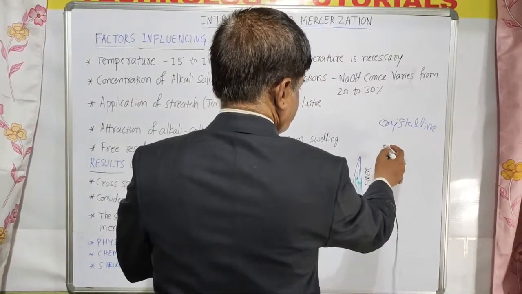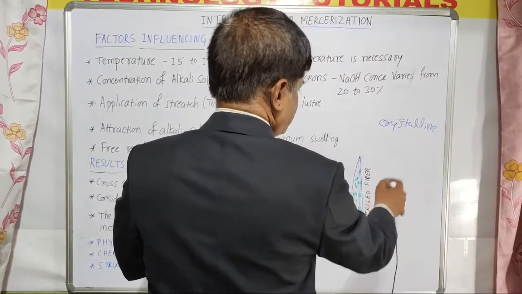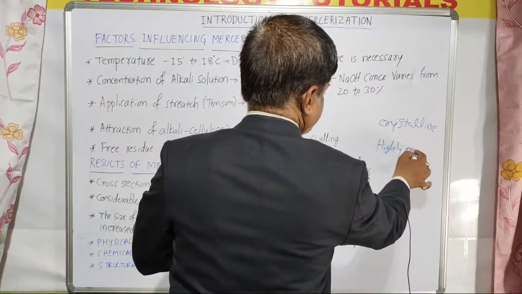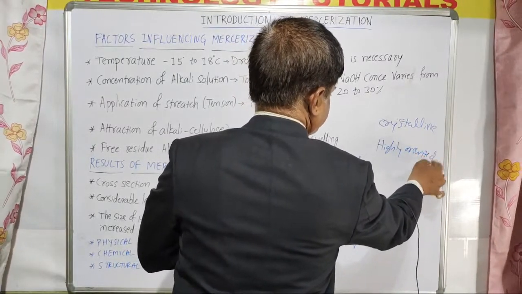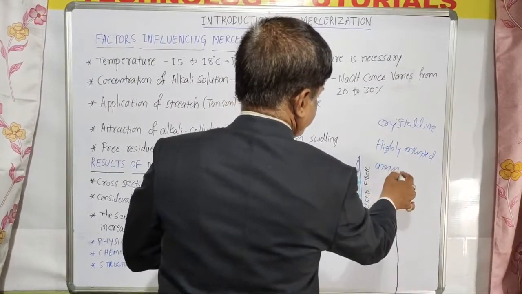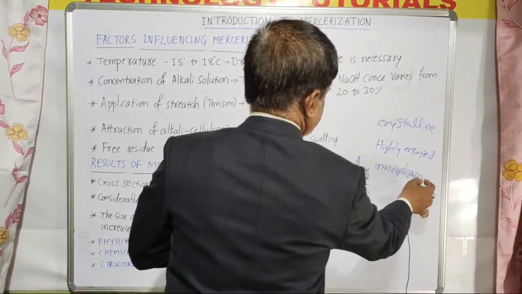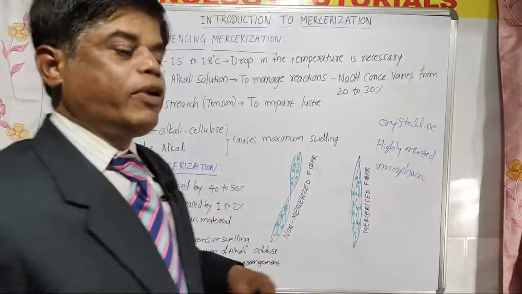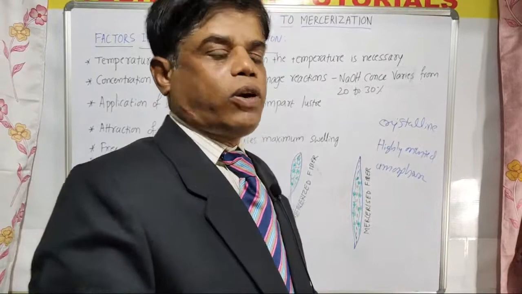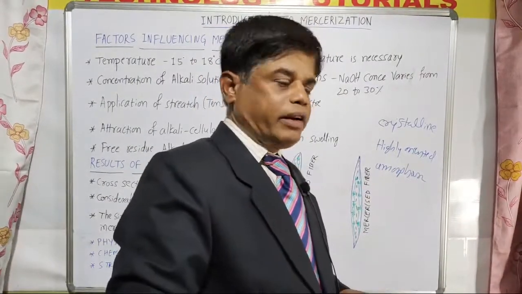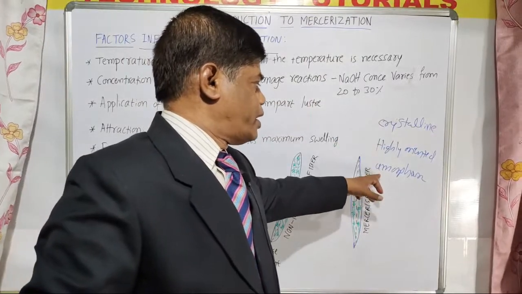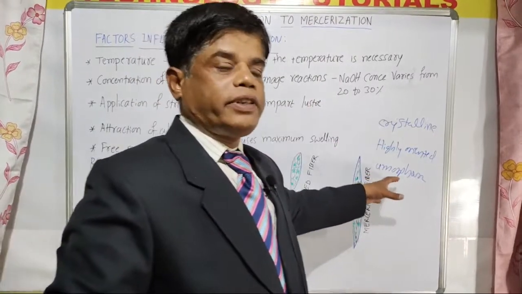Second one is the highly oriented region. And third one is the amorphous region. There are three regions in the morphology of the fibers, not only natural fibers, even regenerated fibers or man-made fibers: highly crystalline region, highly oriented region, and amorphous region.